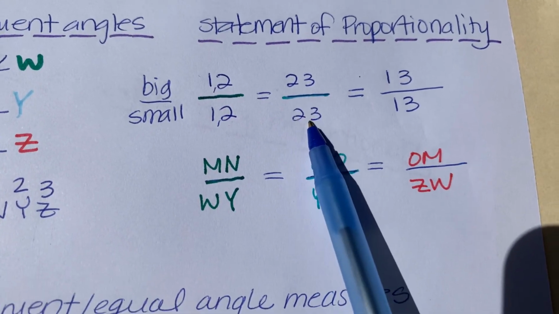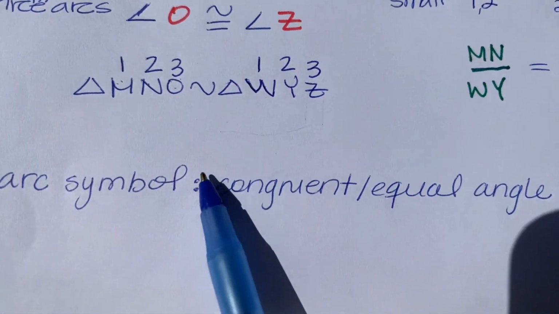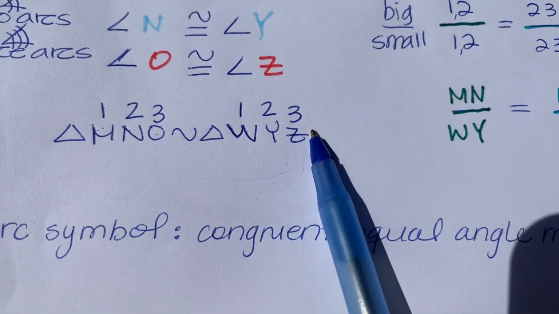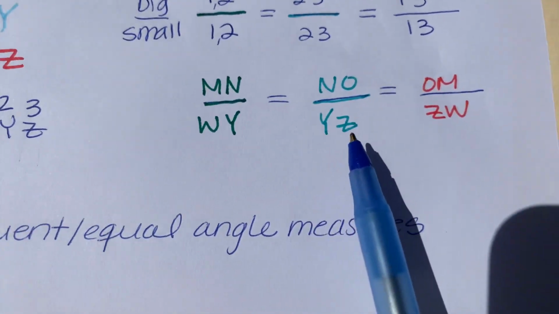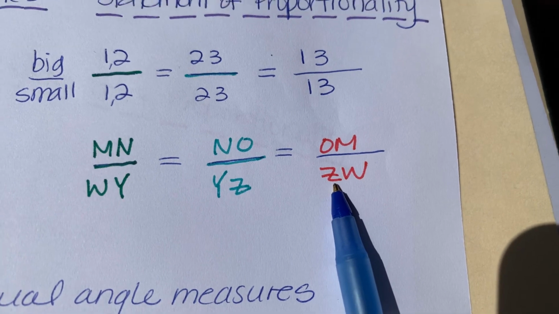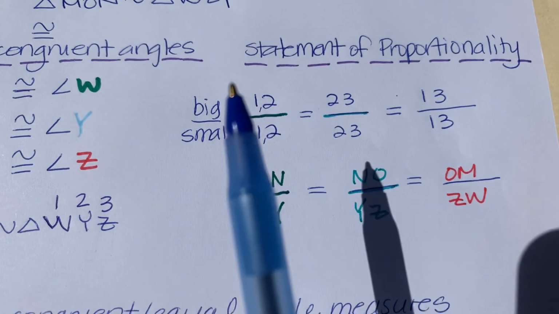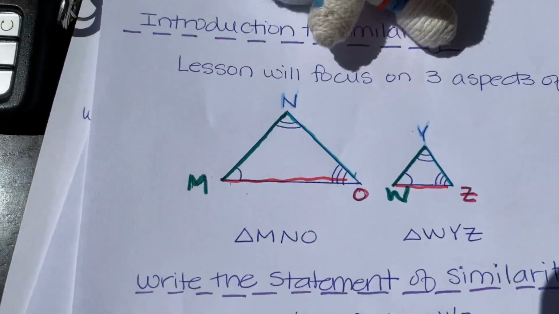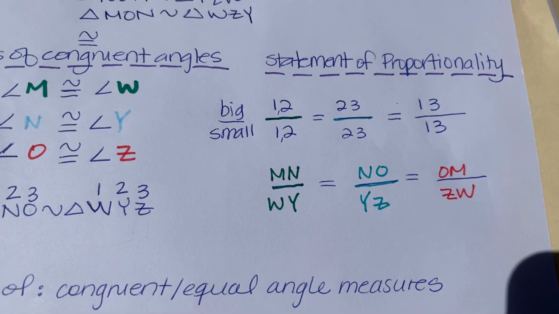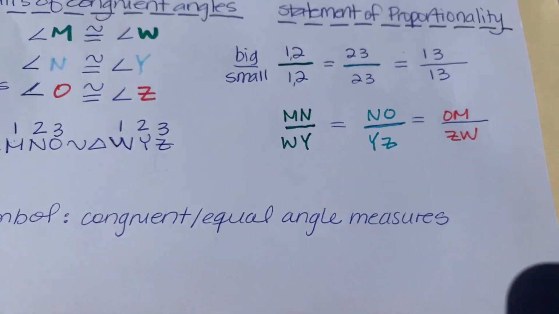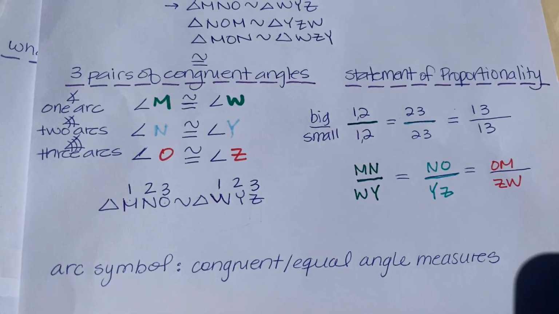The second and the third vertex gives me NO over YZ, and the first and the third, MO, and the first and the third, WZ, or ZW, gives me the third ratio. Okay, you better have 3 ratios because I have 3 sides. It's a triangle. Okay, so the next example, we'll go ahead and go into actually filling in and solving angle measures and side lengths, okay?